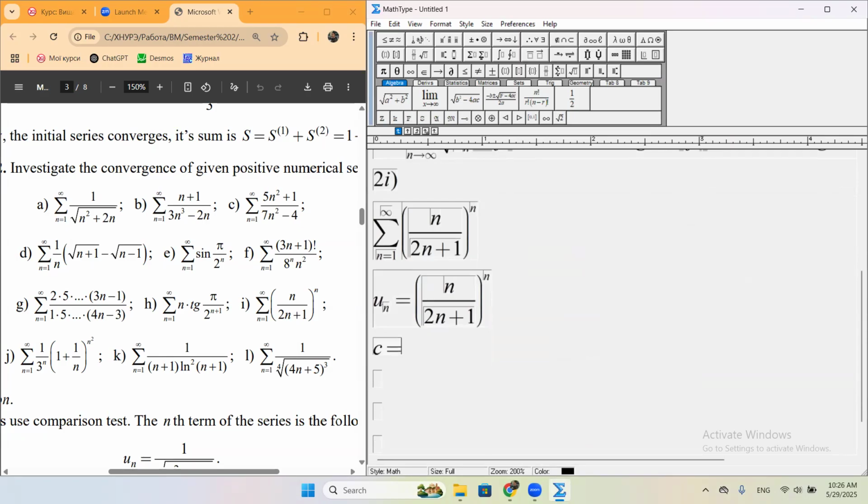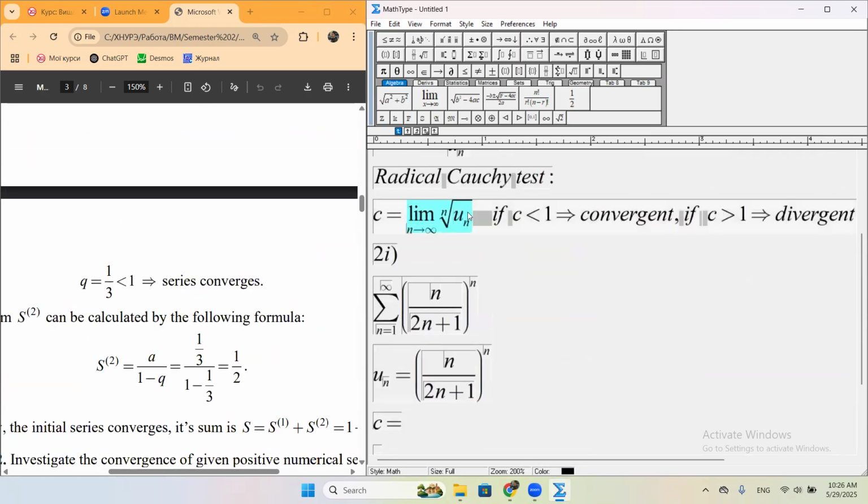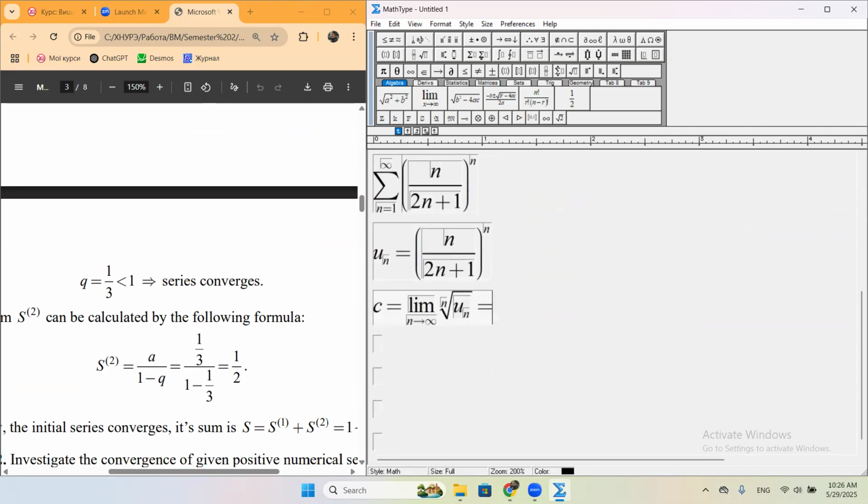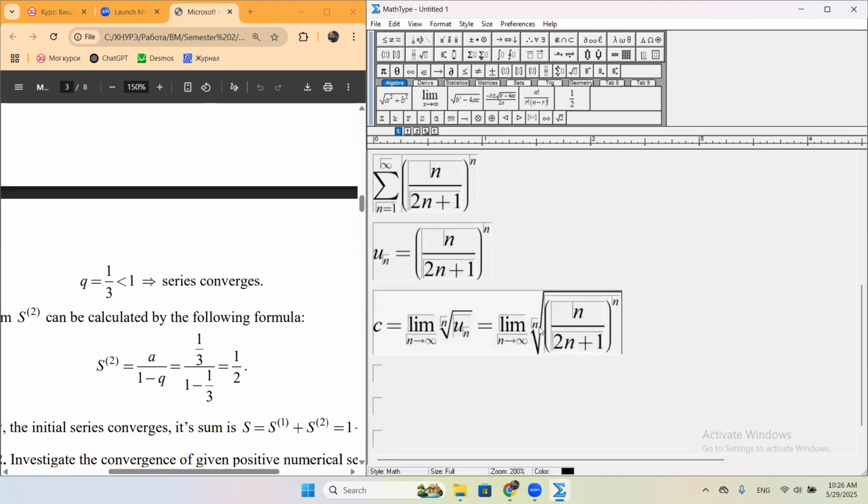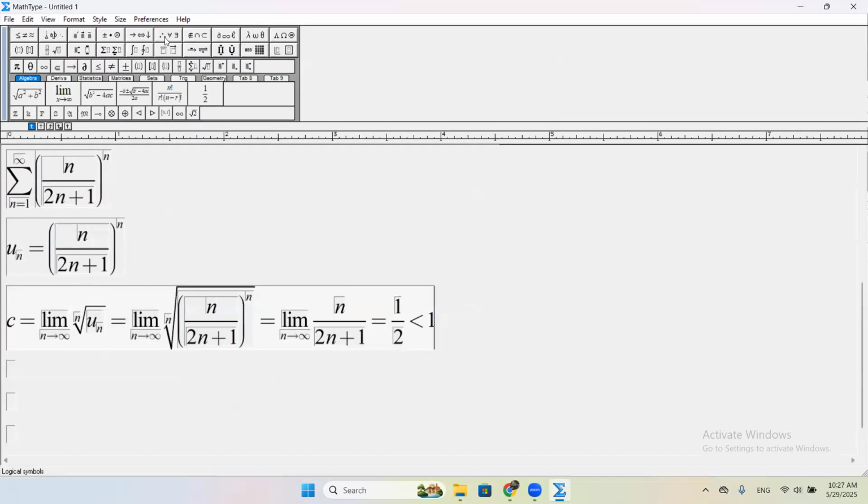So c will be equal to this limit, and we will calculate it. We can already simplify it, so we have the following expression, and we can even remove brackets. So we can see that this limit equals 1/2, and it is less than 1. So this series is convergent.